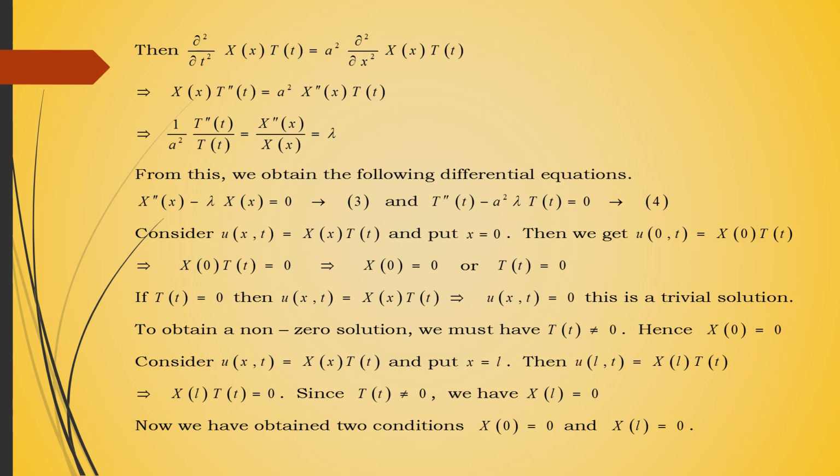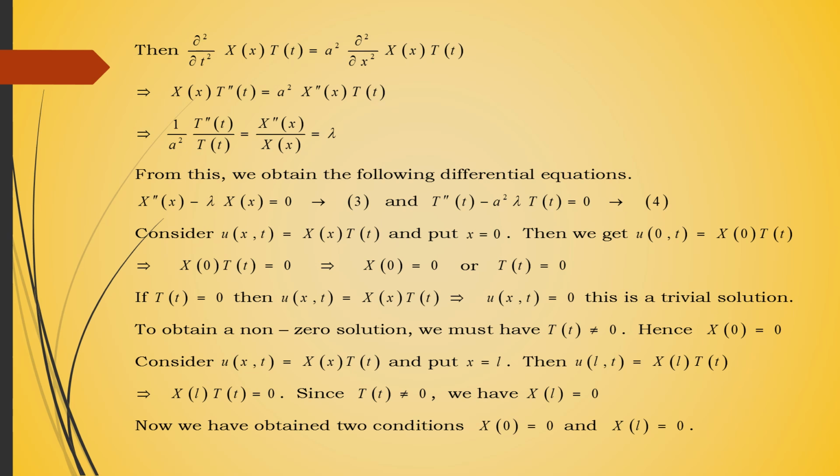Next, let us take the solution u(x,t) = X(x)T(t) again, and we use the second boundary condition now. Put x = L, then u(L,t) = X(L)T(t), but u(L,t) is given to be 0.